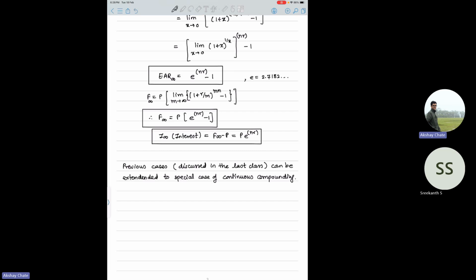For that matter, I should first write non-annual compounding, and then the special case of continuous compounding.